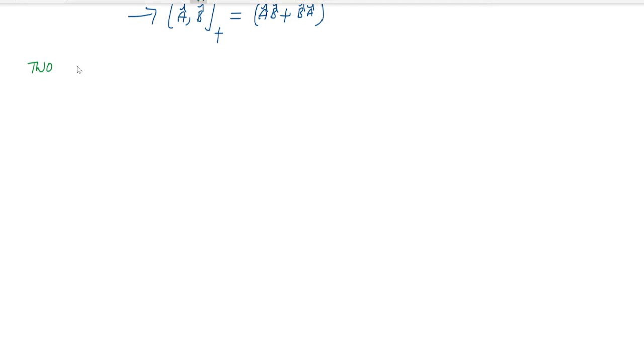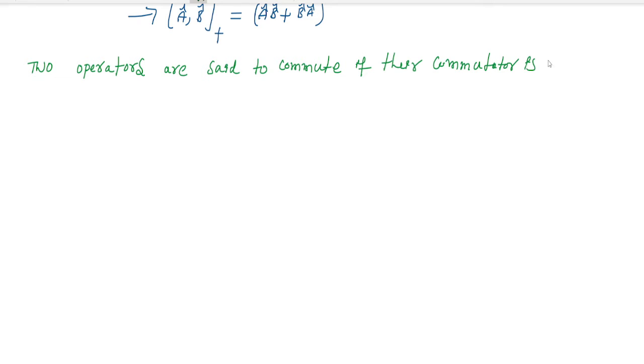Two operators are said to commute if their commutator is equal to 0.